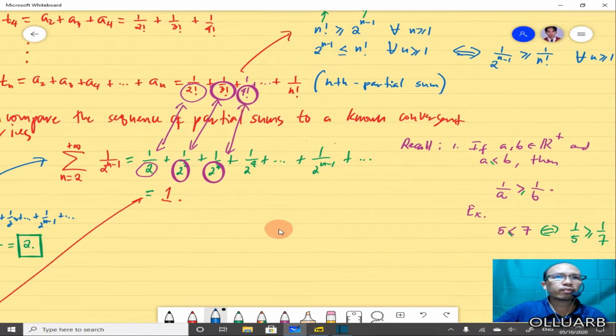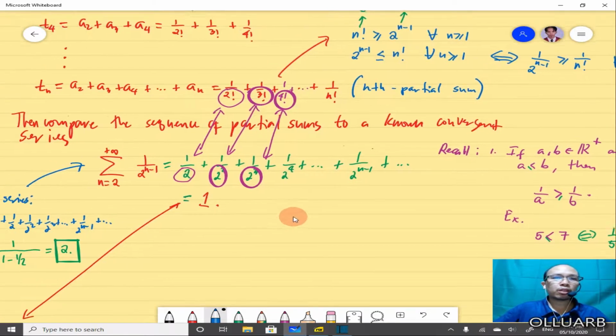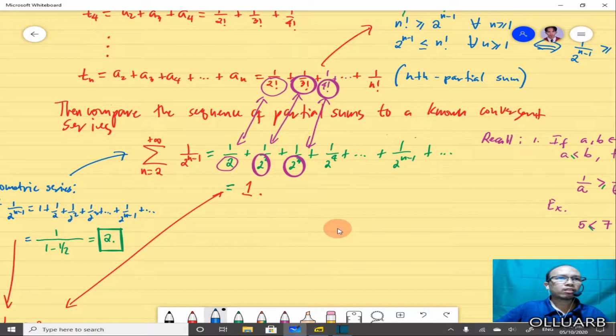Okay, so we can see here that the terms of the geometric series are clearly greater than or equal to the terms of the nth partial sum, as you can see in our discussion. So actually you are comparing.